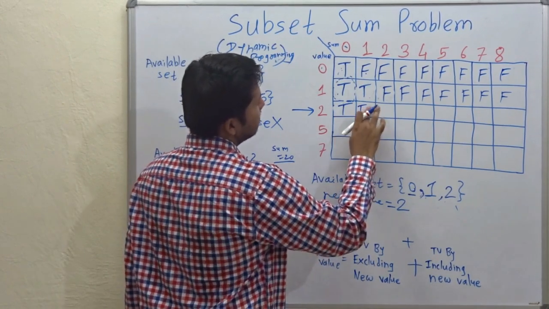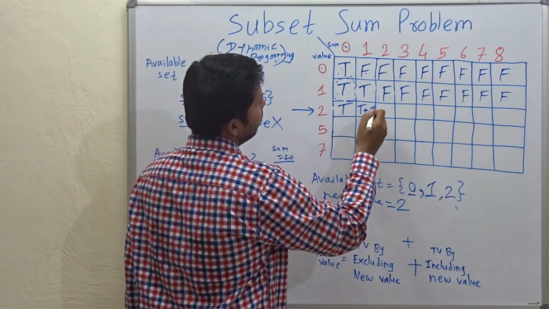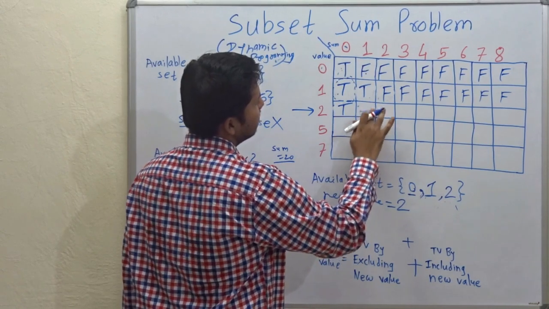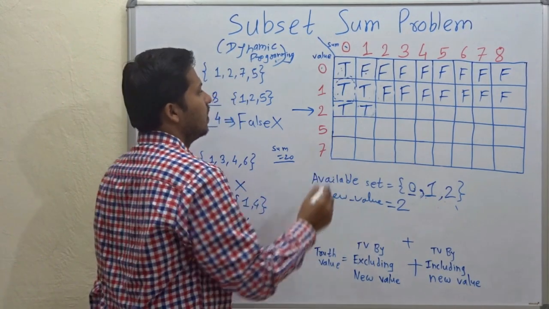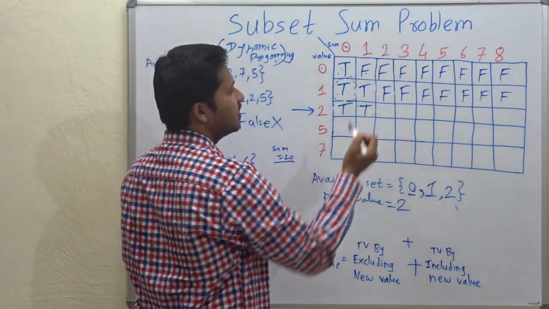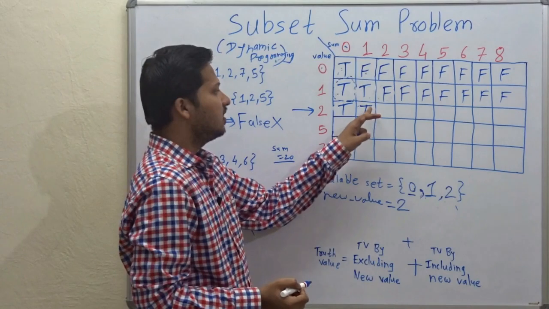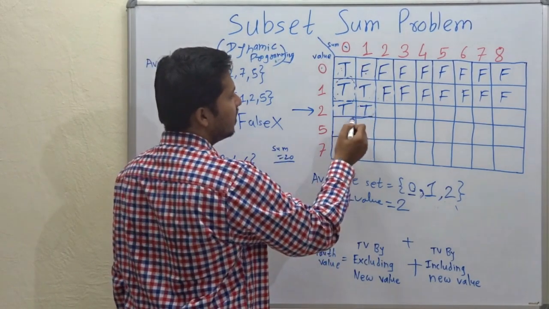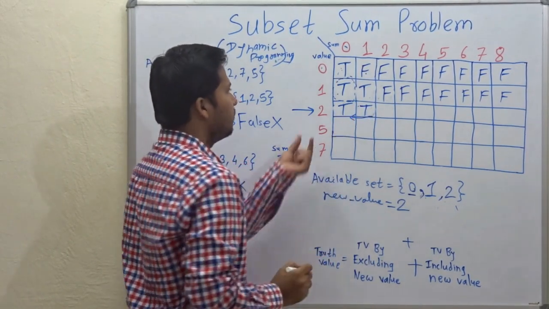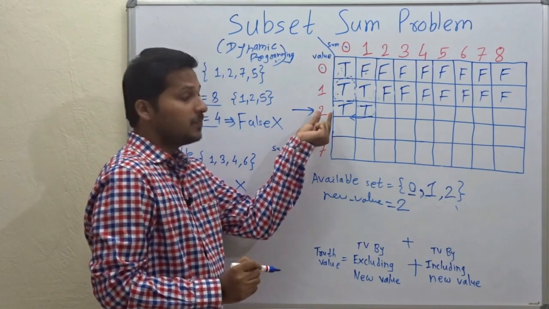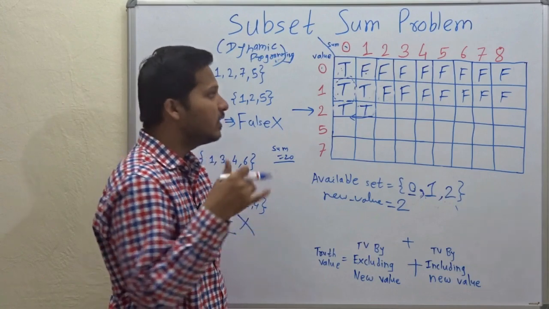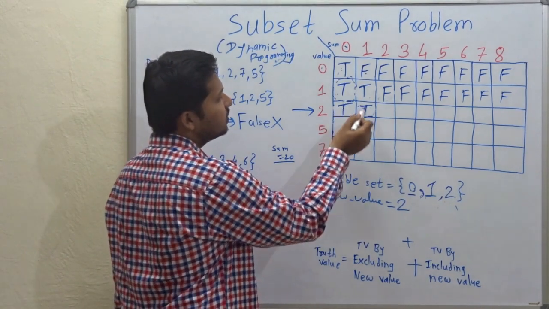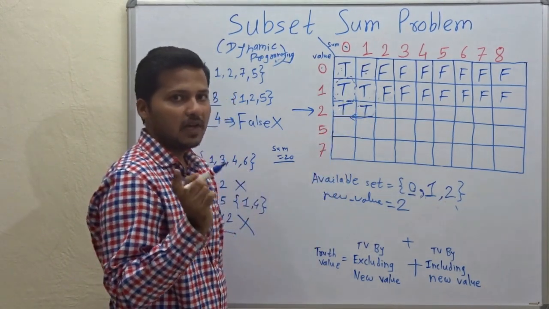So that is false. So true or false is true. So the whole answer is true. Now again for forming the 2. See, until this what we learnt is that till this whenever the row value is greater than the column value, blindly copy the answer from the upper cell, right?